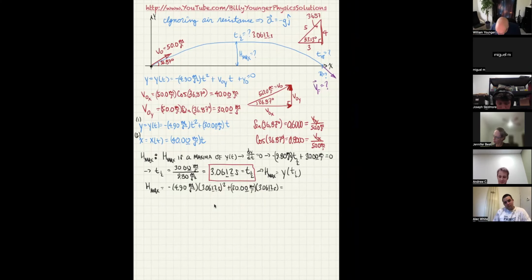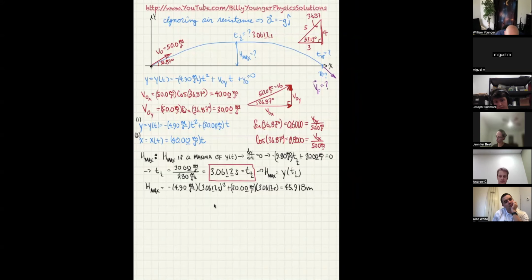When you do that, you get negative 4.9 times, I'm going to click on shift answer, and then square that, plus 30 times shift answer again, and that all looks correct, and that gives me 45.918 meters.